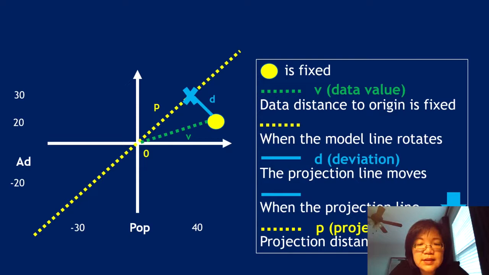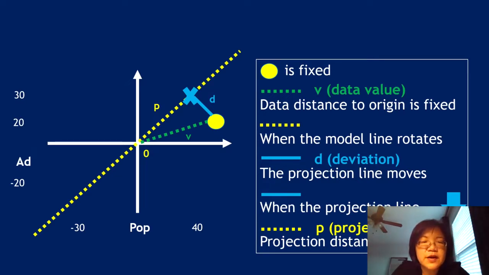When the deviation value goes down, P actually goes up. And when D goes up, P will go down. So because V is a fixed value, P and D are negatively correlated with each other. They will go in opposite directions.